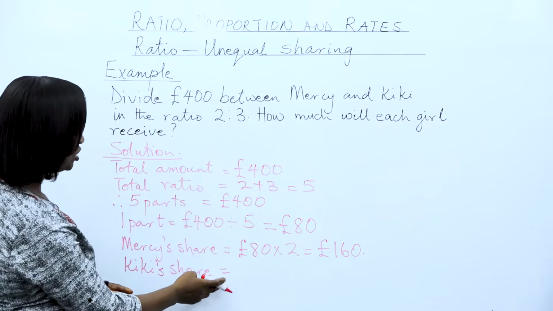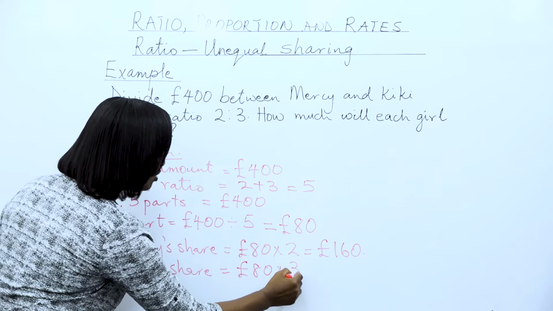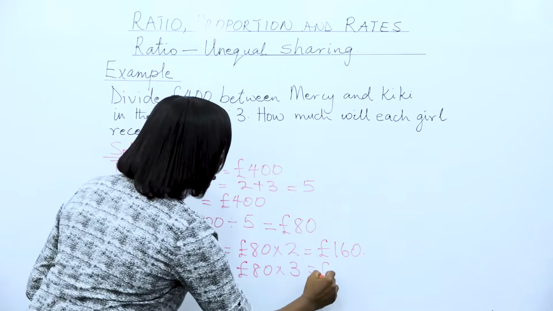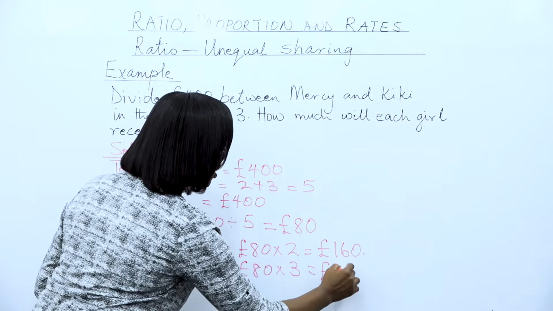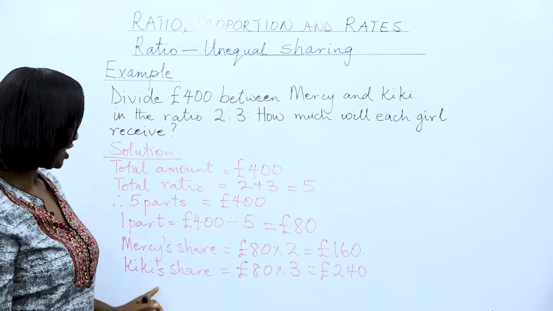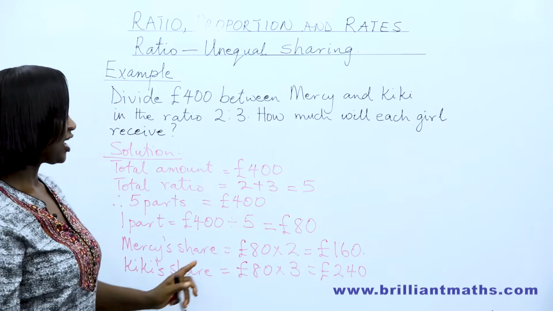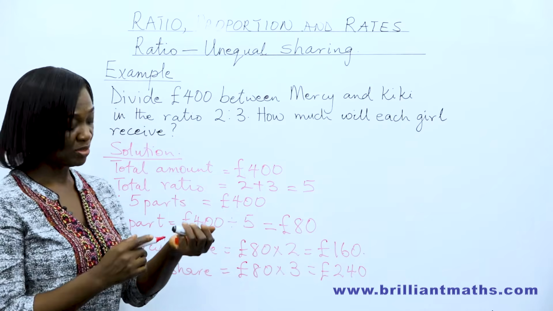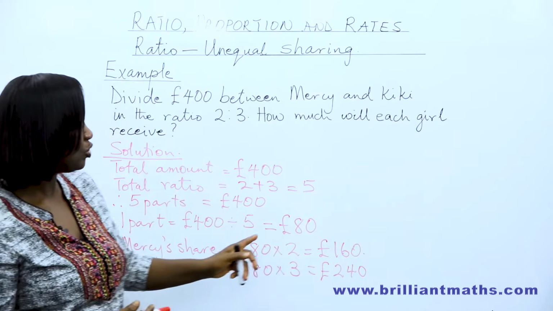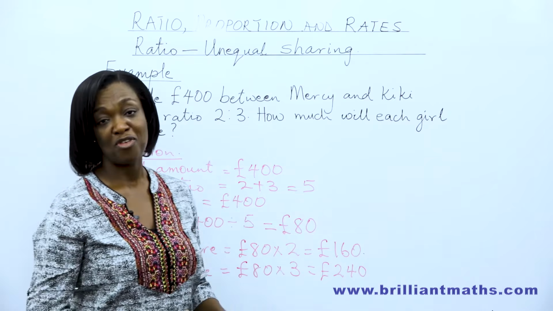I would like to multiply 80 pounds by 3 to get 240 pounds. So Mercy gets 160 pounds and Kiki gets 240 pounds. And if you add the 2 amounts together, you get the total, which is 400.